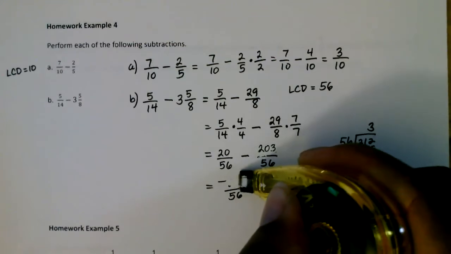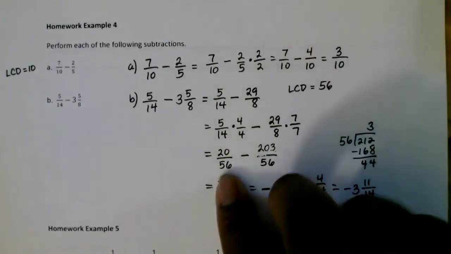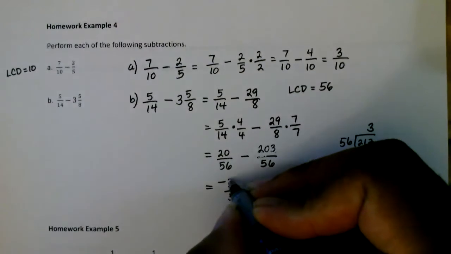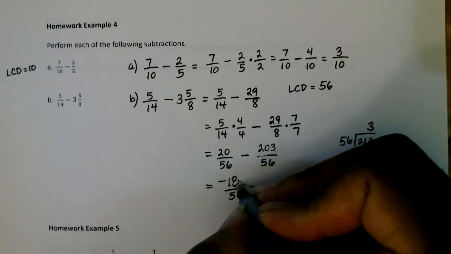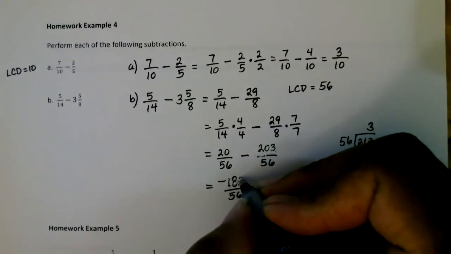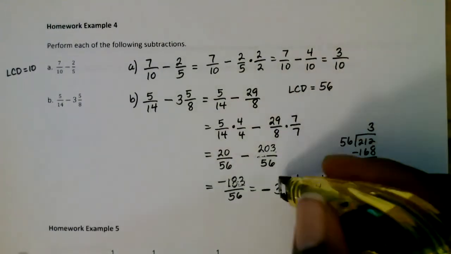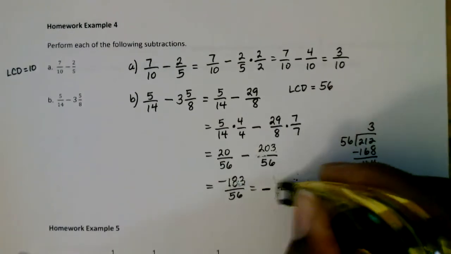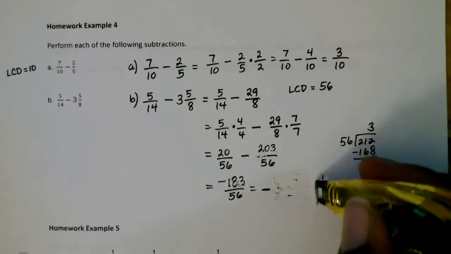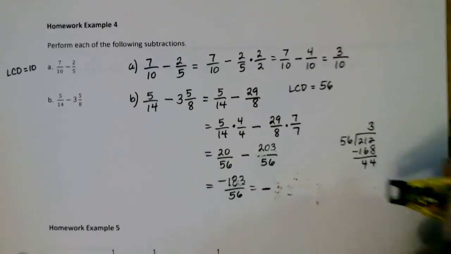So I need to change this to negative 183 over 56. And then everything else is going to change.